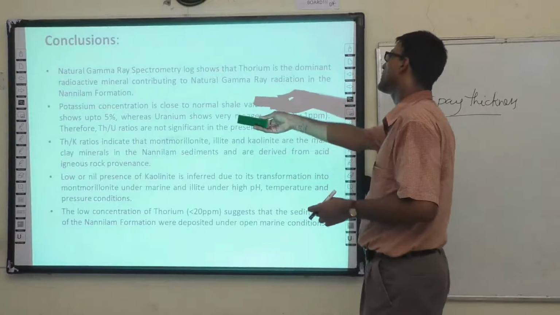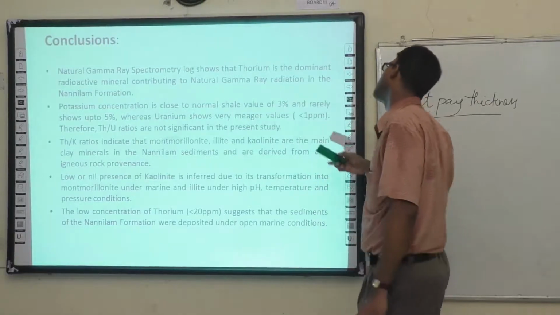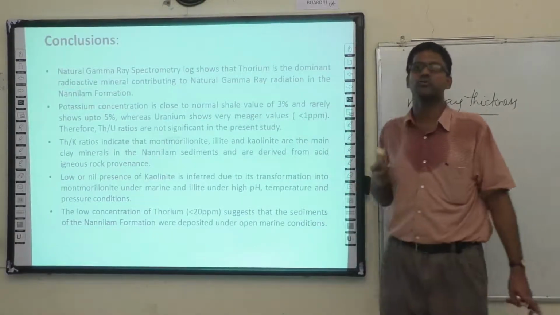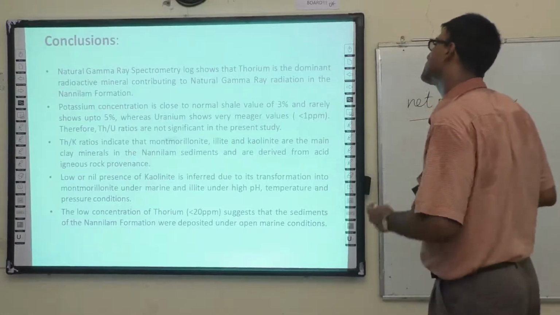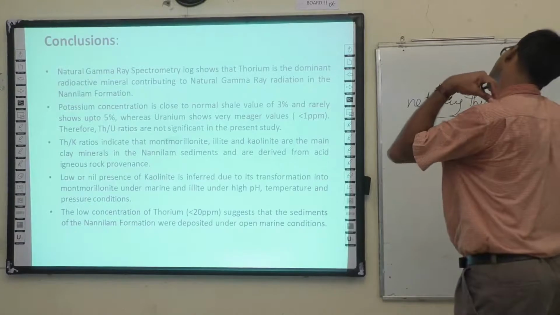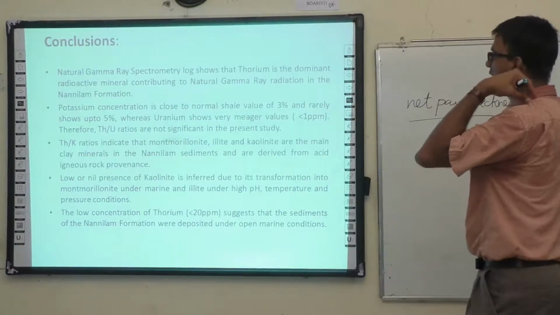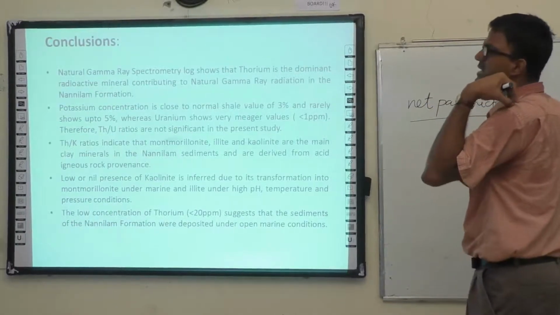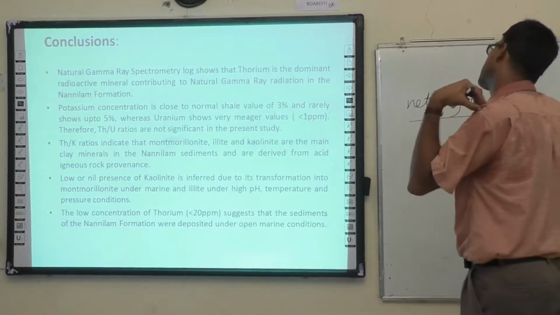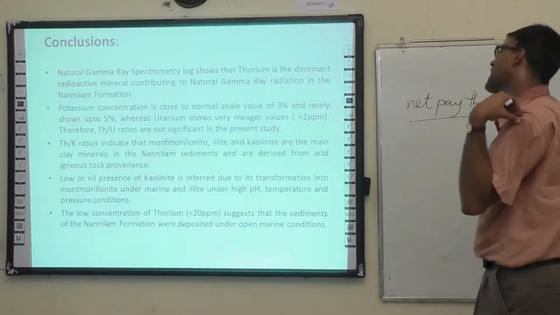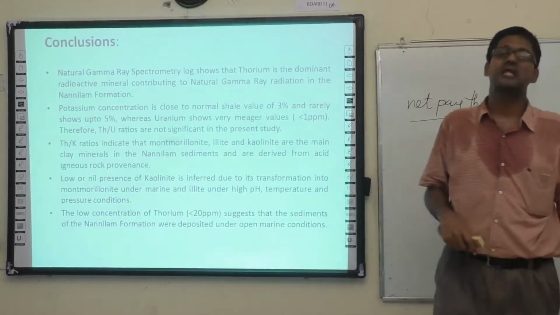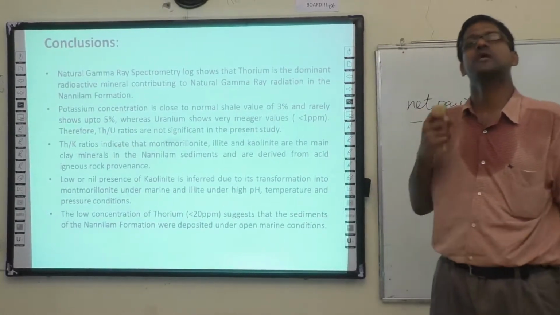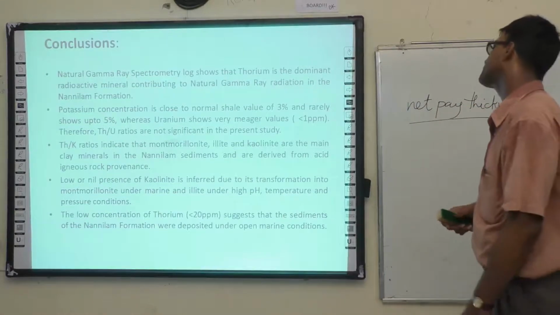Therefore, thorium by uranium ratios are not significant in the present study. Thorium by potassium ratios indicate that montmorillonite, illite and kaolinite are the main clay minerals in the Nandigram sediments and are derived from acid igneous rock provenance, that is from the Pattukkottai Mannargudi ridge.